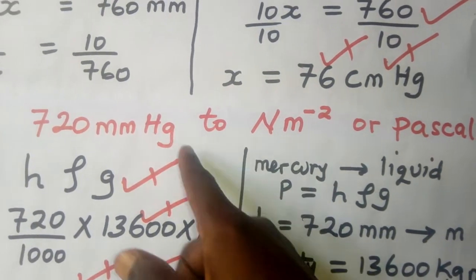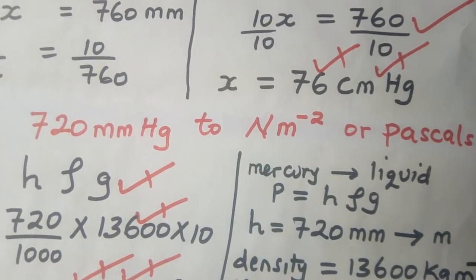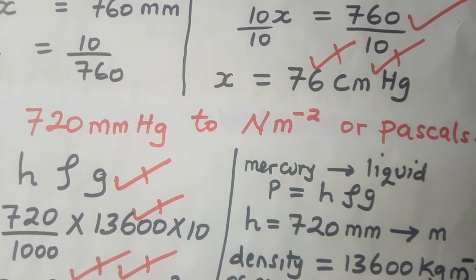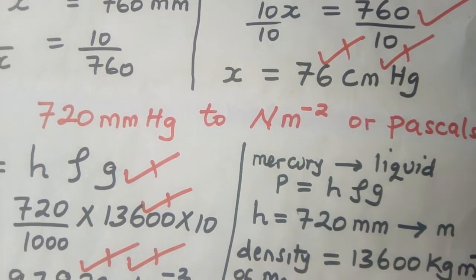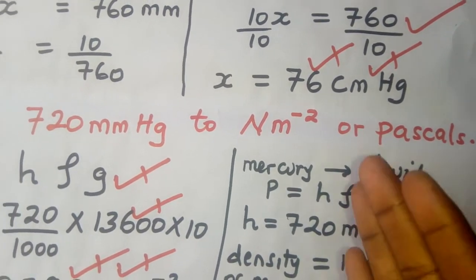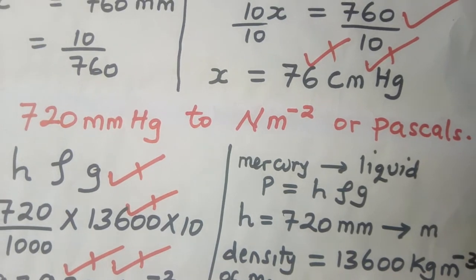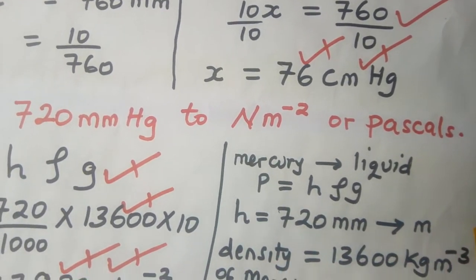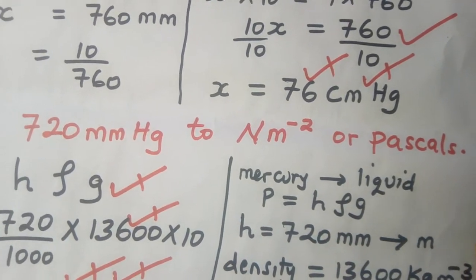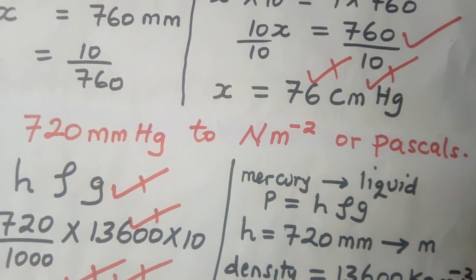Now the density of mercury, the examiner has not given you, because he knows that sometime back in senior 1, you were taught density. They even gave you the densities of different substances: density of water, density of mercury, density of iron, density of copper, and so on. So he or she knows that the density of mercury is well known to you.